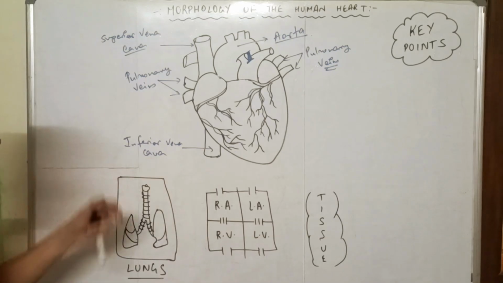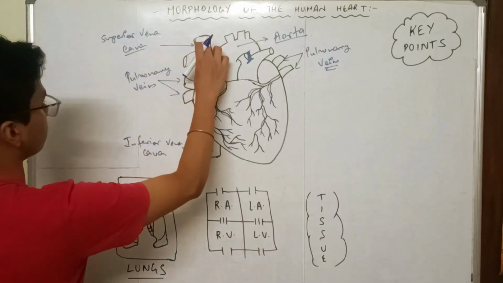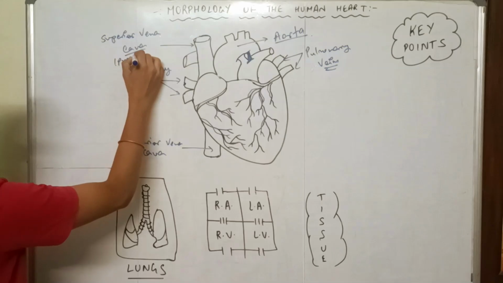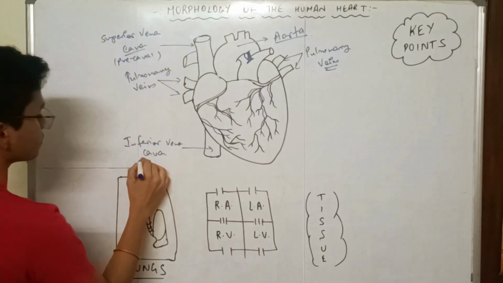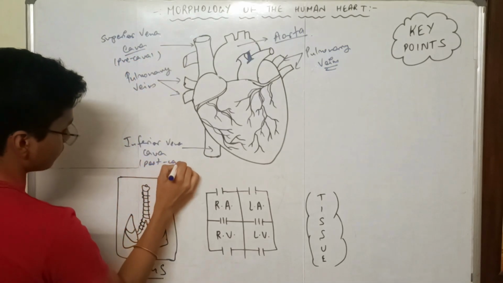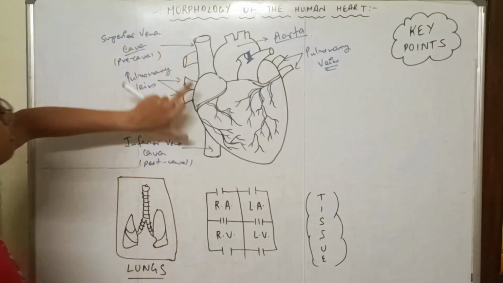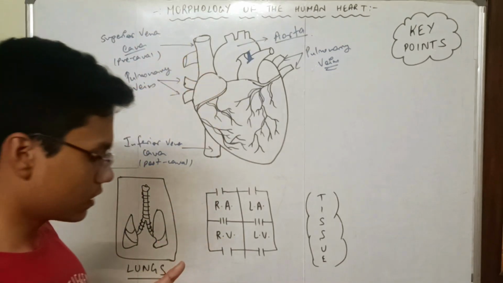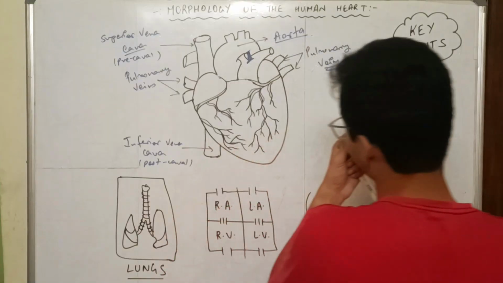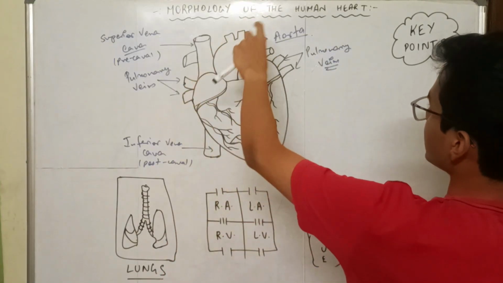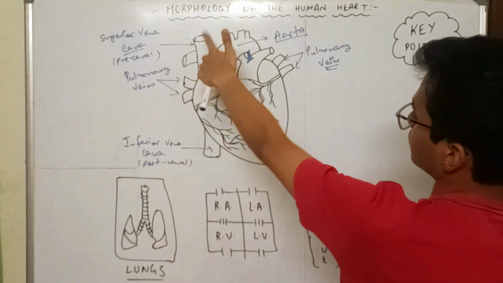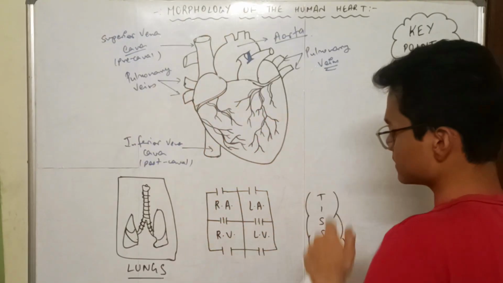Another name is that this vessel is called pre-caval and this is called post-caval. Just the actual opposite of the other. They're like siblings, if you can term it that way. We named the aorta, we named the pulmonary veins, we named the vena cavas, and what is left is this.